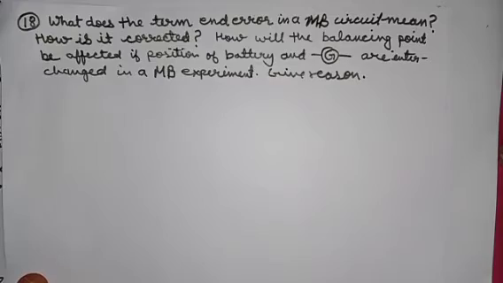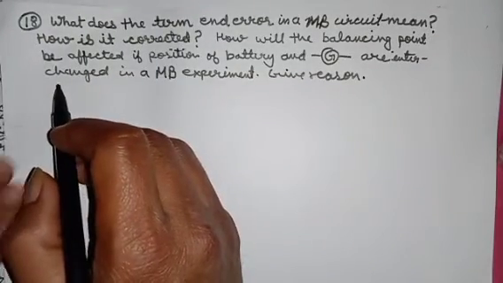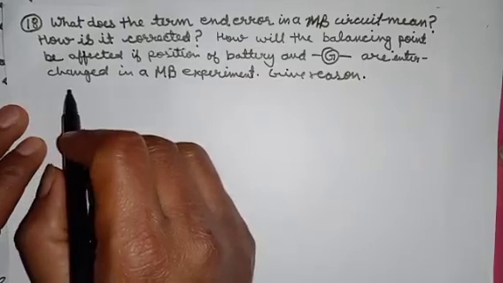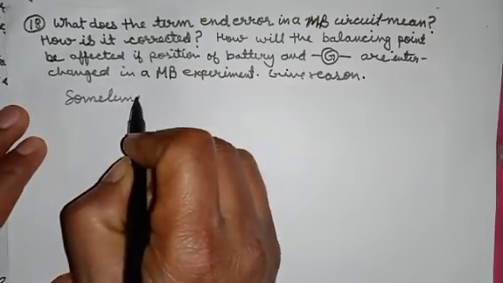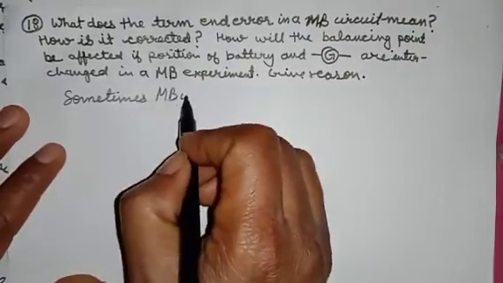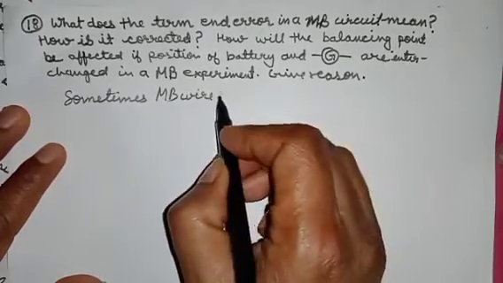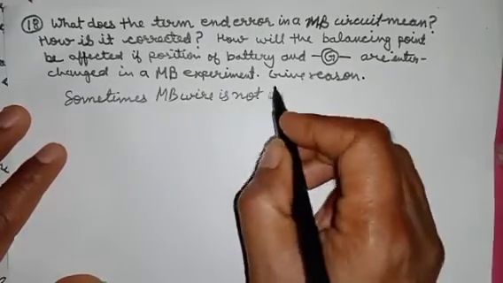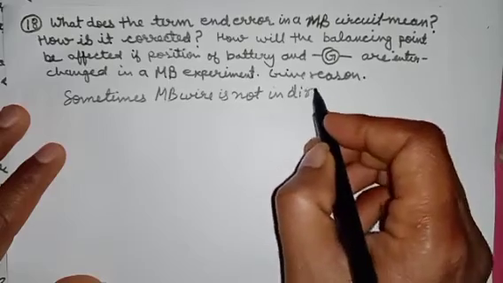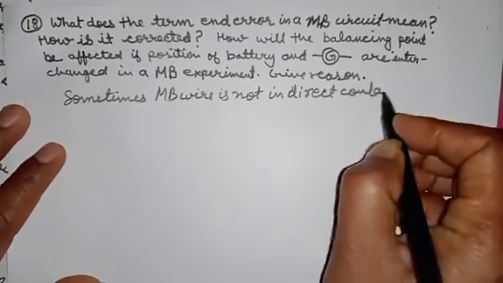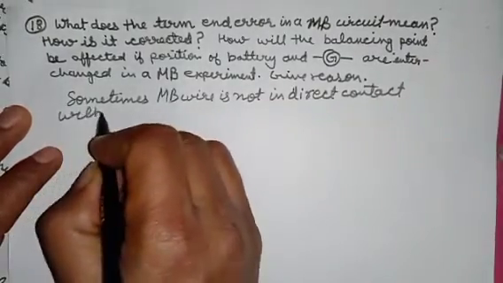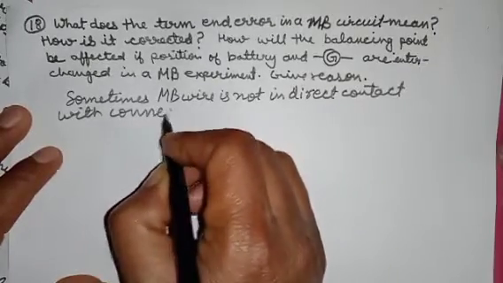What does the term end correction in a meter bridge circuit mean? Okay, so sometimes the meter bridge wire is not in direct contact with the connecting copper strips.